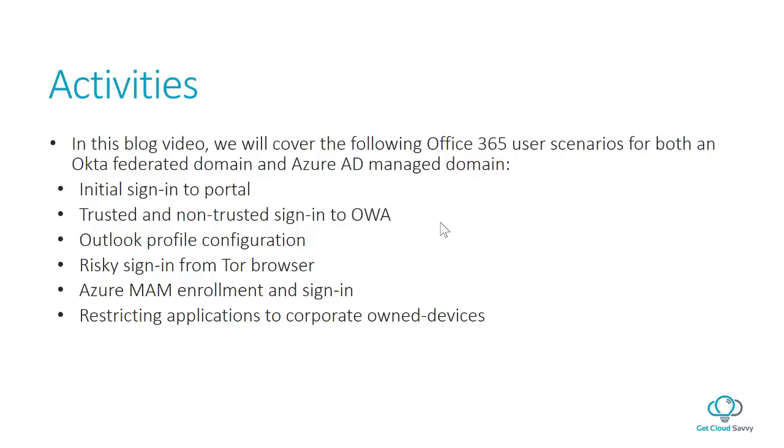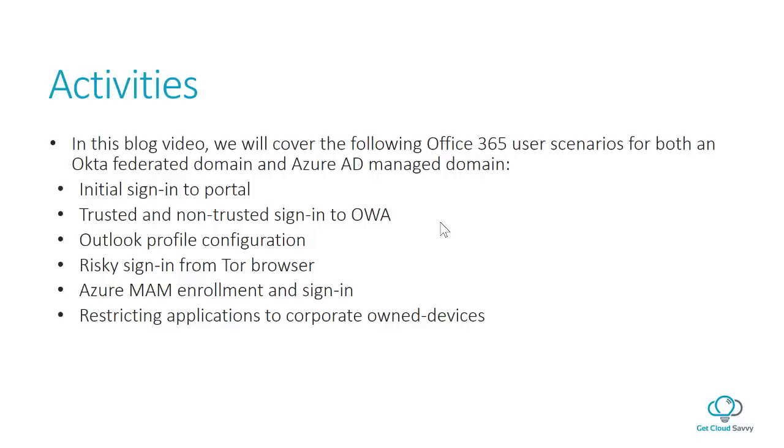And then finally, we'll look at the Azure Mobile Application Management enrollment and sign-in. So we're going to look at a mobile device and how that process works through both an Okta federated user and an Azure AD managed domain. And then we're going to look at restricting applications to corporate owned devices.